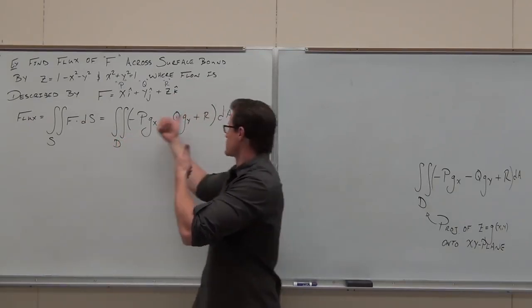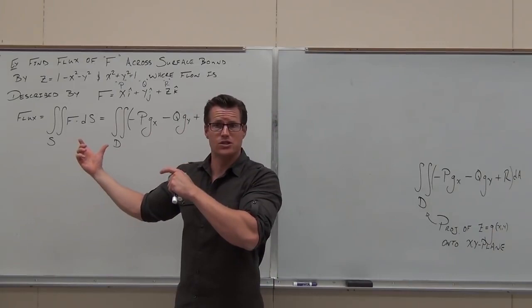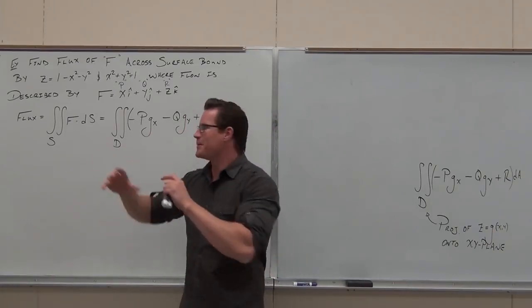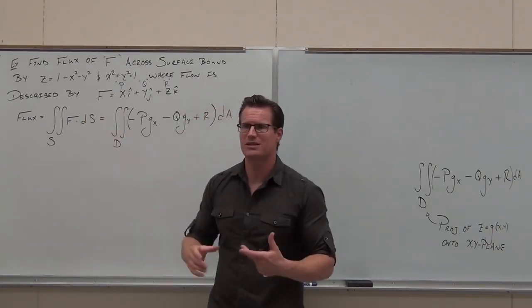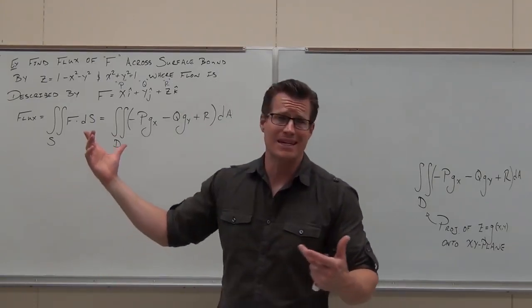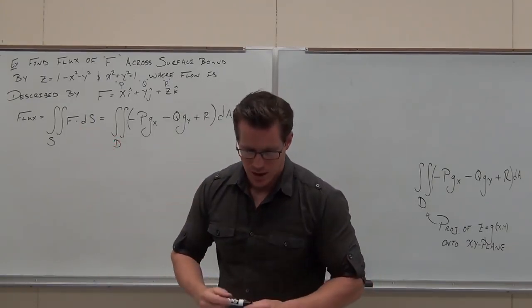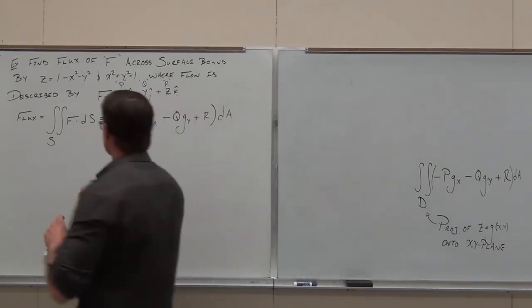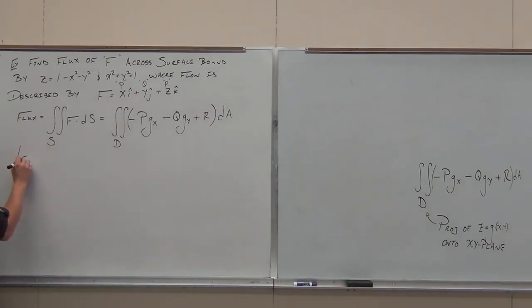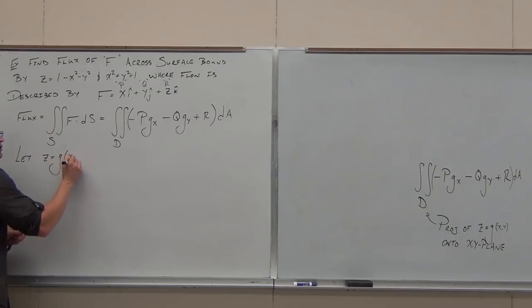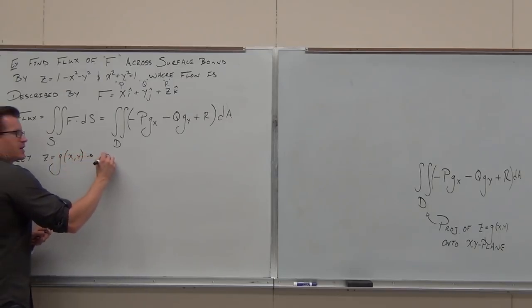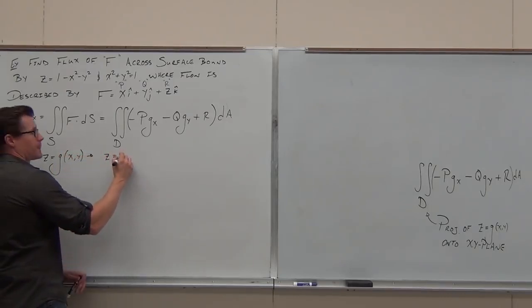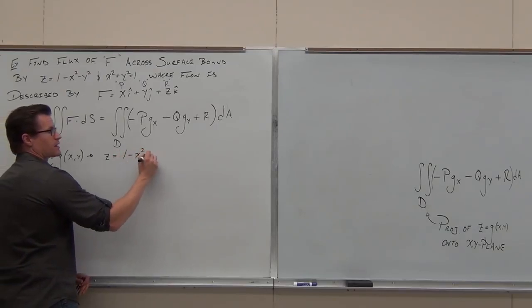We just have to use D because I don't want to mess up the R. So that is our region. We're going to do that later. Again, it's all about the setup first, then you look at the region. So let's just find the only function up there that has a z in it. That's the function. So let's let z be a function in terms of x and y. That means for us, z is this function: 1 minus x squared minus y squared.